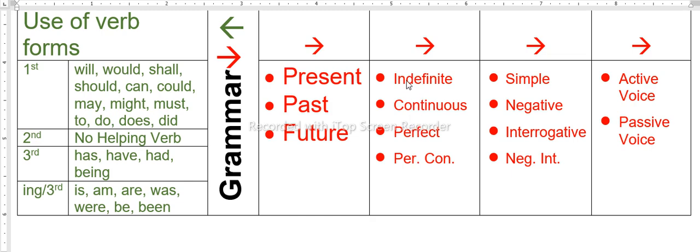You introduce different types of sentences, four different types of sentences. Then you change them into negative, interrogative, and then you change them into active voice or passive voice.